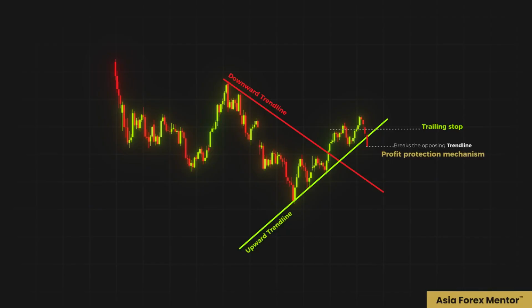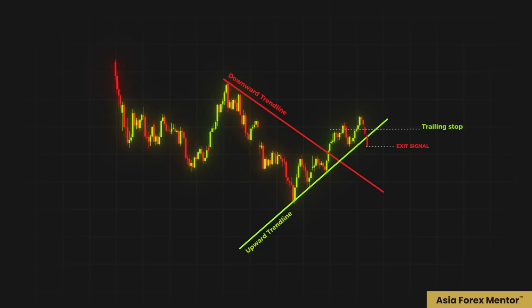Your profit protection mechanism, right? The same line that defined your risk at the start is now securing your gains at the end of the trade. When price finally breaks that opposing trend line, this is your exit signal. You close the trade, you take your profit. There's no arbitrary target, and no guessing where should I get out.